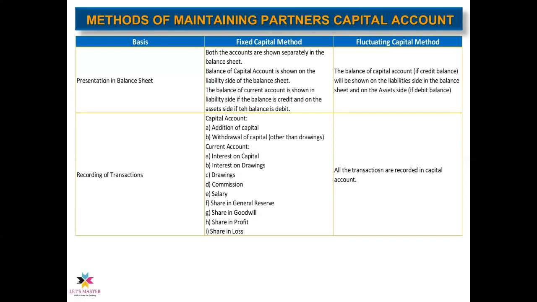So all the other transactions other than addition or withdrawal of capital are recorded in the partner's current account. But in case of the fluctuating capital method, all the transactions related to the partner are recorded in the partner's capital account.